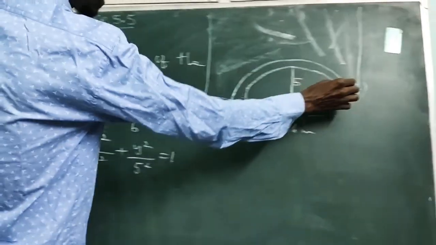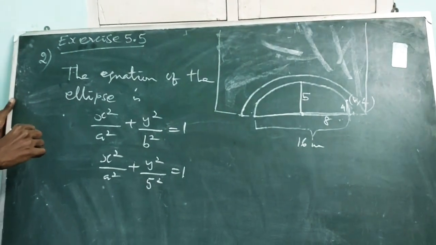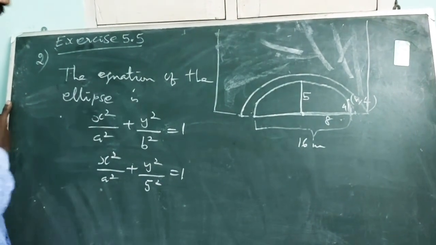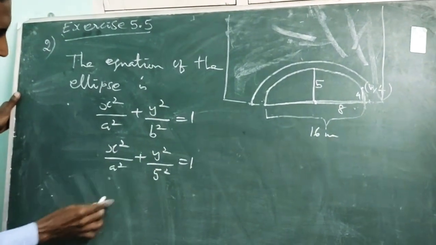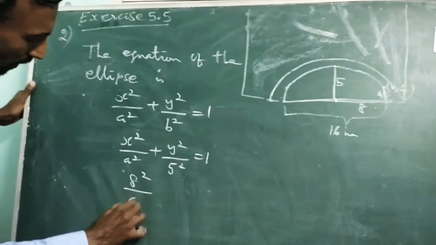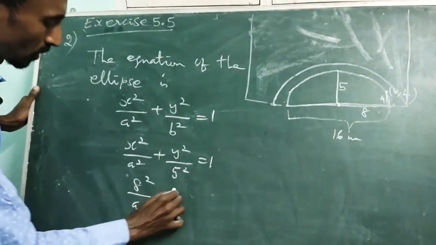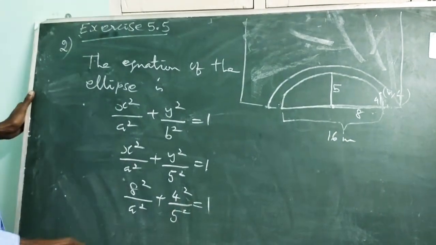This point 8 comma 4 lies on the ellipse. So put the values. x value is 8: 8 square by a square plus 4 square by 5 square equal to 1.